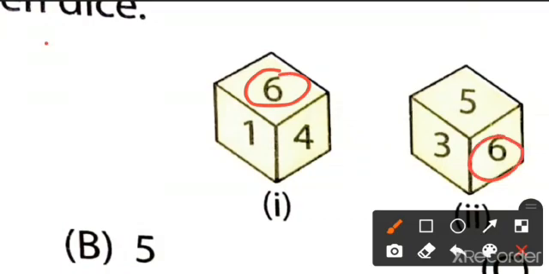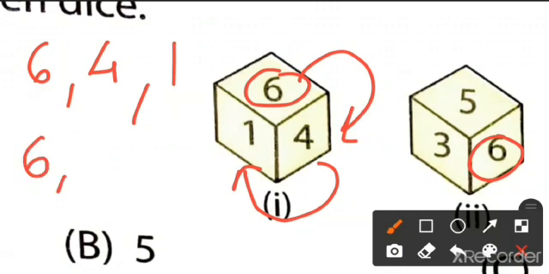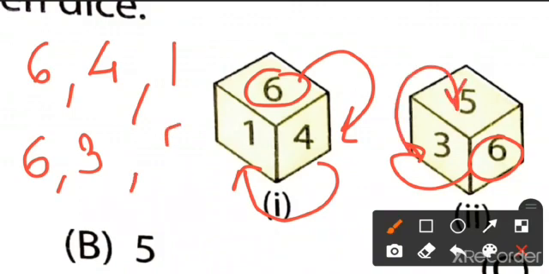So I have taken 6 here, and we have to move clockwise. Then 6, then 4, then after that 1. Again I have taken this common face 6, and I have to move clockwise. That is 3. After 6 we have 3, then we have 5.